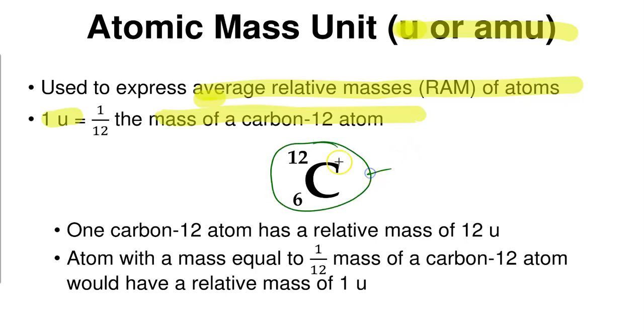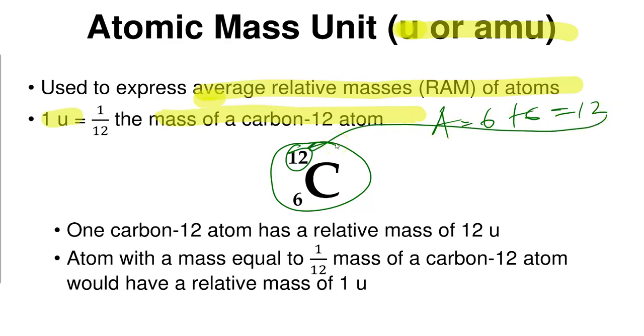Of course, this is carbon. This 12 here means the atomic mass is 12. So carbon-12 has 6 protons and 6 neutrons, and when you add those together, 6 plus 6 gives you an atomic mass of 12. So one carbon-12 weighs exactly 12 units.